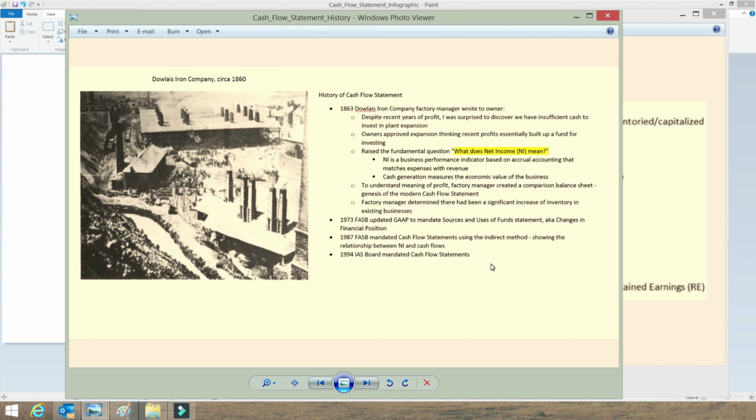And really what it boils down to is net income is an accounting business performance indicator that matches expenses with recognized revenue to come up with, again, a performance indicator. Cash, on the other hand, measures the economic value of the business, and really at the end of the day, that's what valuation is all about.